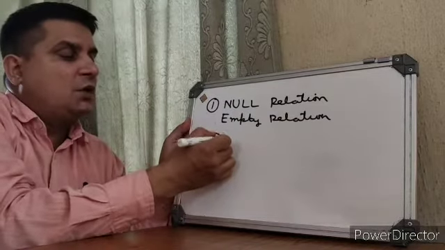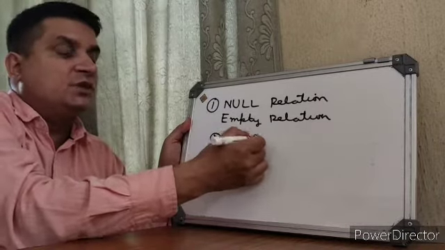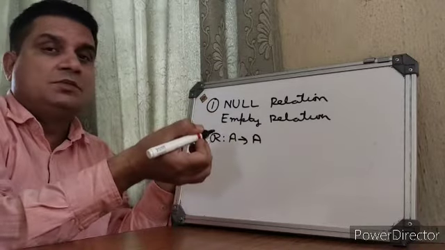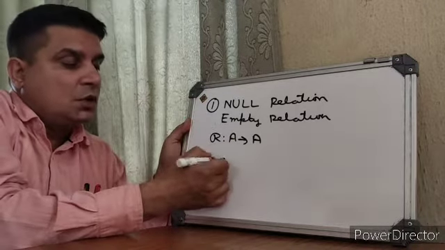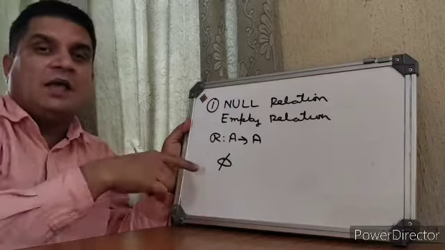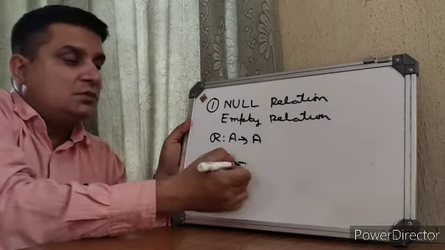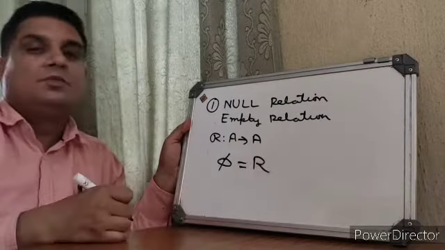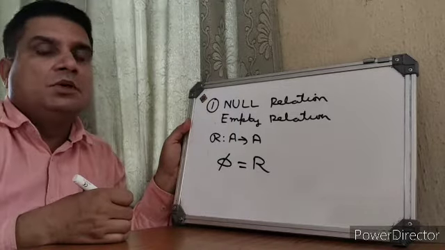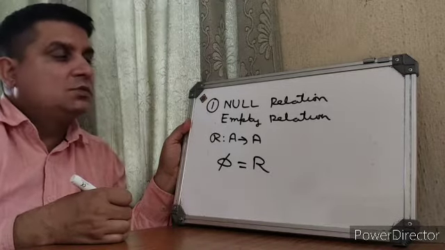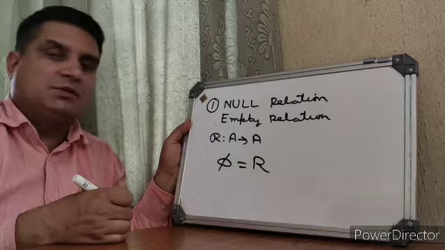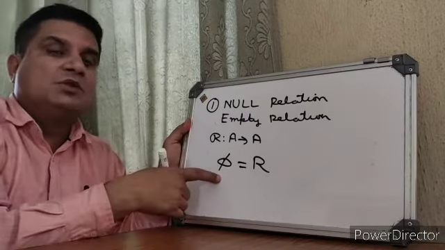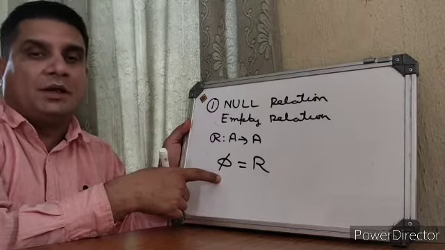If relation is from set A to set A, that is also called relation on set A, and phi belongs to relation, then it is called null relation or empty relation. Do remember, phi is also a subset of A cross A.